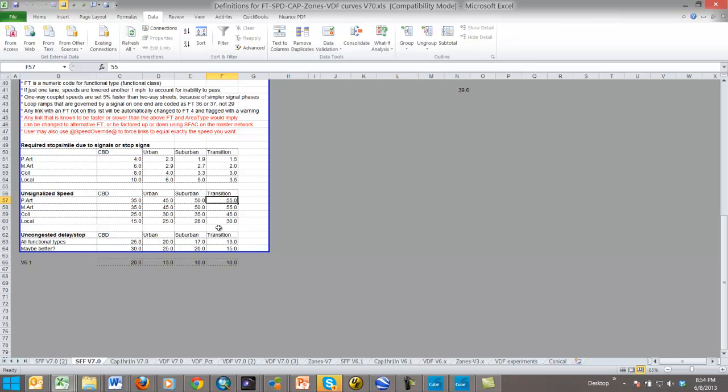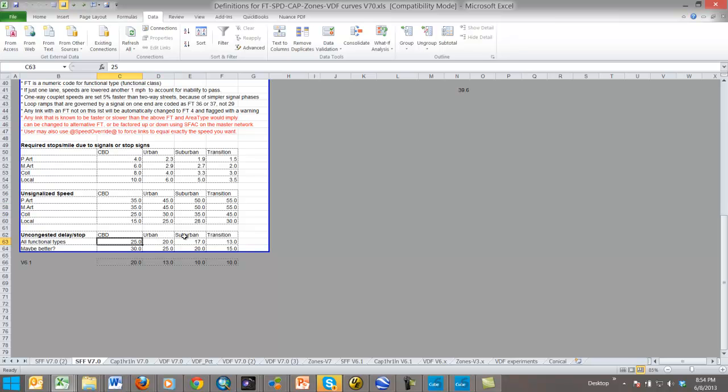And if we had the ability to do it, we could go through and code speed limits of every road onto the network and read those speeds directly from there. But the way we did it, we just estimate these unsignalized speeds.